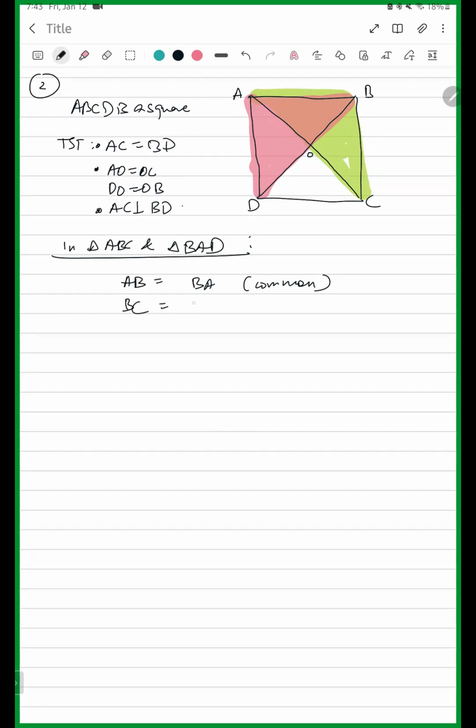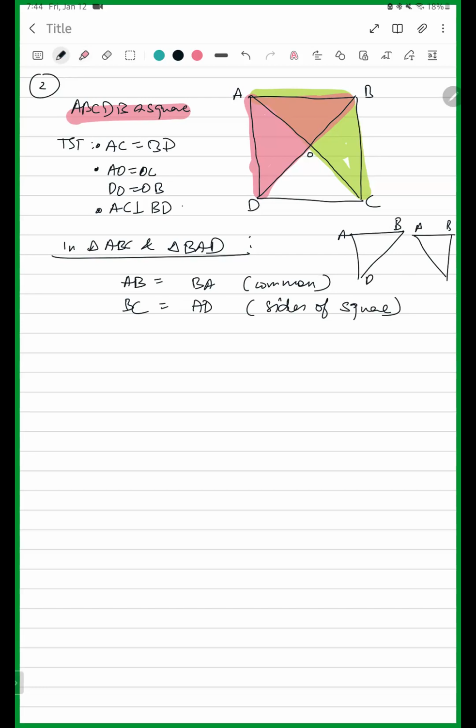All sides are equal in a square, not just opposite, because they are sides of a square. Yes, because it's given that ABCD is a square. Then let me make these two triangles separately here. This is AB, this is AB, and this is D, and this is C.